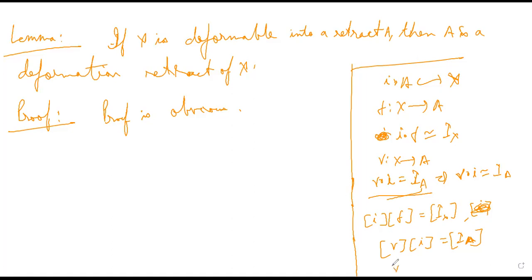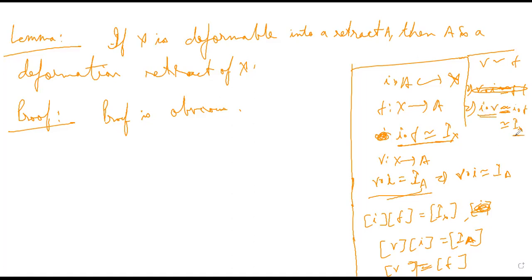It means we have R equal to F, so R is homotopic to F. That implies I composed R is homotopic to I composed F, but this is homotopic to the identity on X. So by the definition of deformation retract, we conclude.